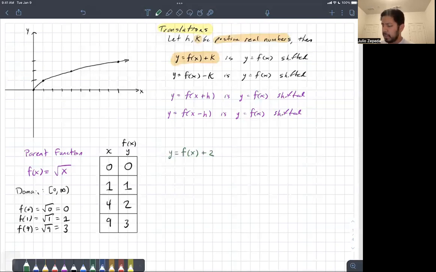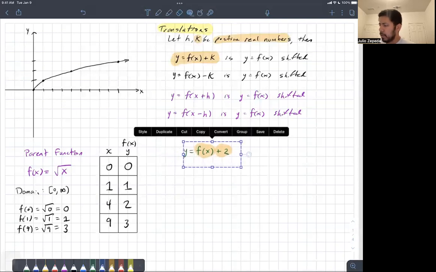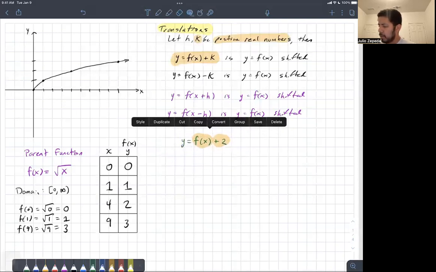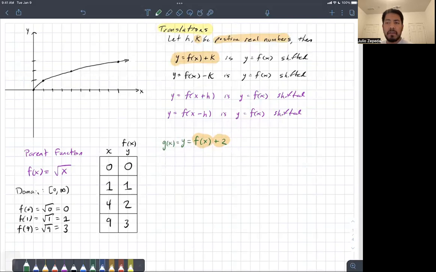In a sense, we can read this as we're going to take the function value, f of x, and just add 2 to it. Okay, so we can actually call this new function g of x. So g of x is just f of x plus 2.